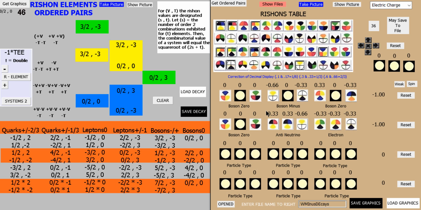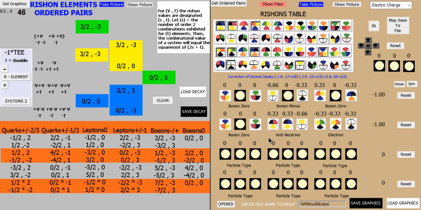Now, if we look at the decay, we'll see that we have the anti-neutrino and the electron after the components of the scalar boson minus interact with the muon and anti-muon pair.